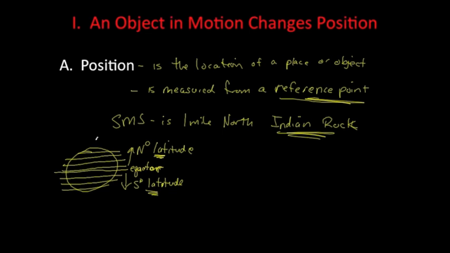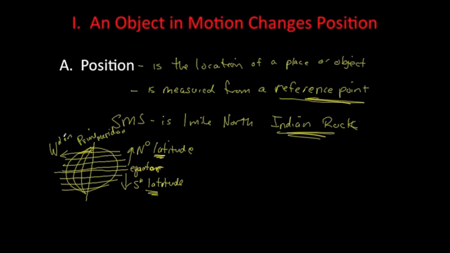And with that, knowing that, we can then say that longitude goes from east to west. So it's how many degrees off of what we call the prime meridian an object is.